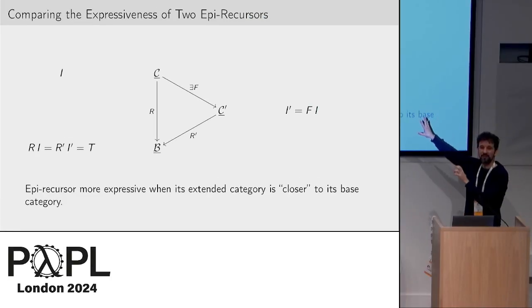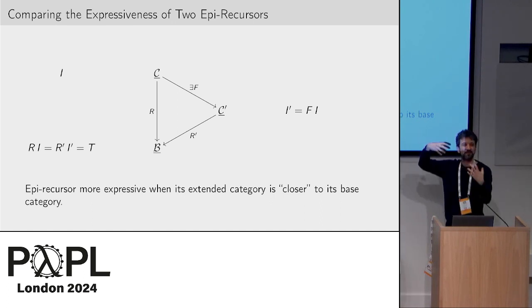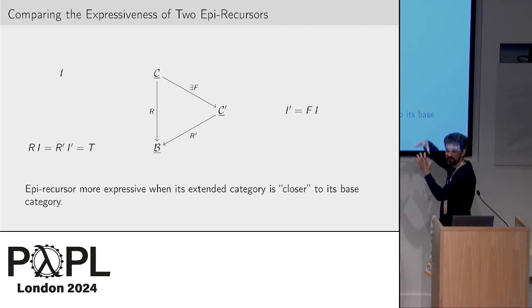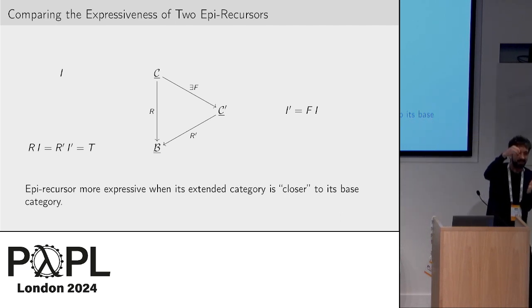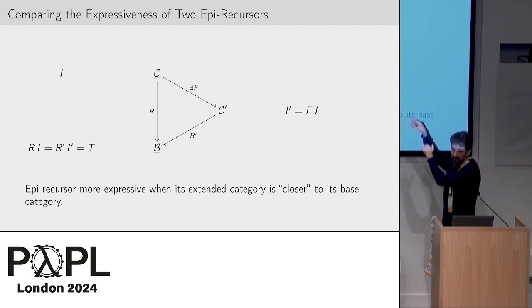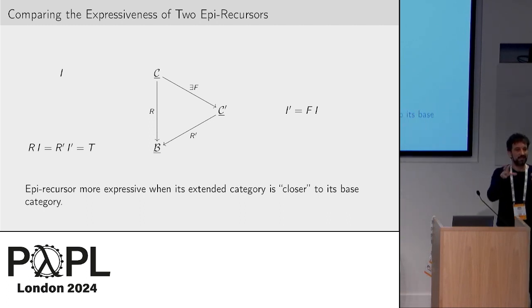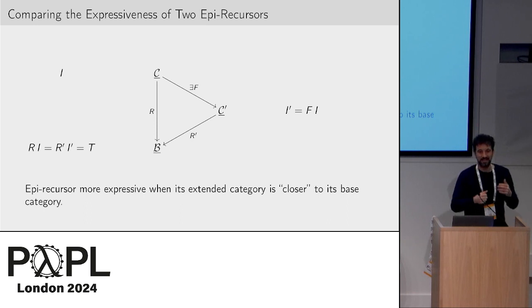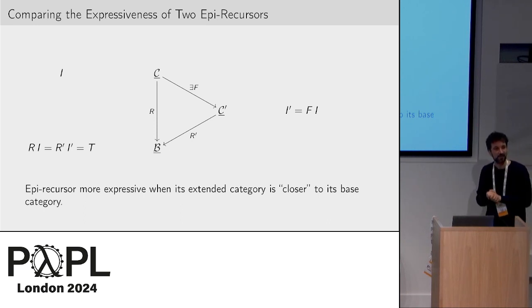This abstract view of recursors allows them to be compared with expressiveness quite straightforwardly. So essentially, the closer a recursor keeps its extended category to its base category, the more expressive it is, roughly speaking. Because if you can move in an initial-object-preserving way between the extended categories, then you can simulate one recursor with the other. But I don't think there is a closest recursor there, so I don't think there is a most expressive recursor actually.